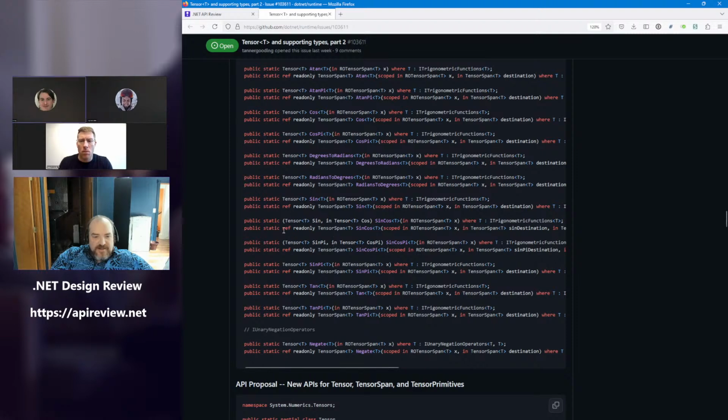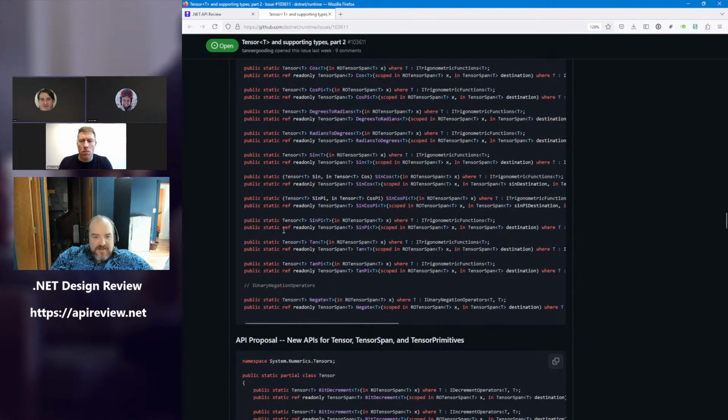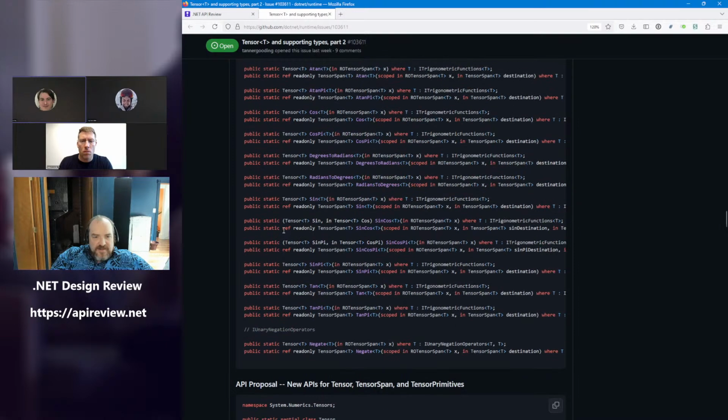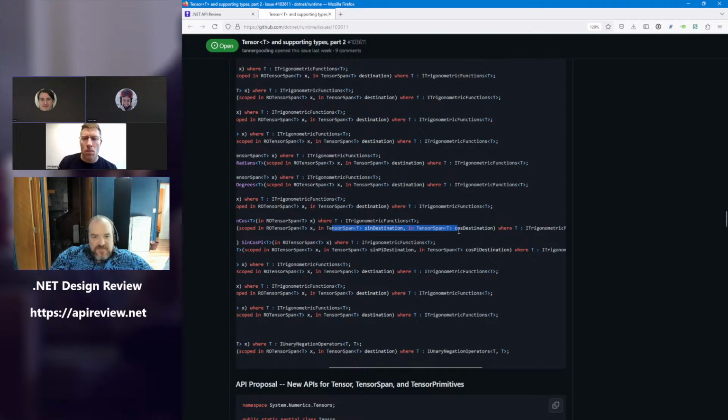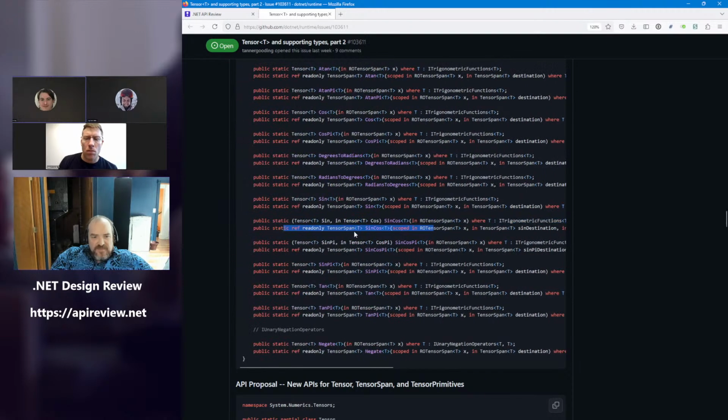Yep, nothing special. The most interesting one there is sine cos because it returns a tuple just like the underlying one, but that tuple is a tuple of tensors for the allocating one. For the ones that return tensor span, it returns a tuple.